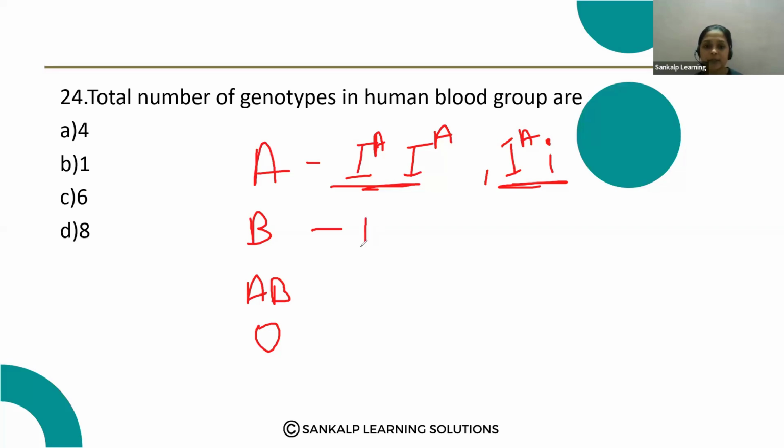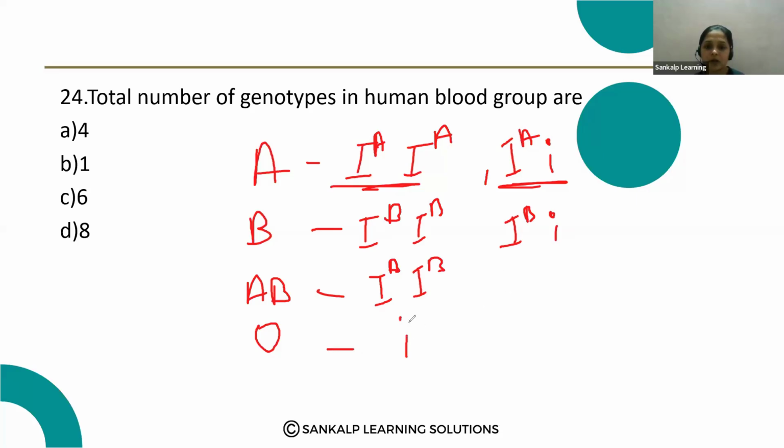The B blood group has IB IB or IB i. In the AB blood group, there is IA IB; both are dominant here, so there is no small i.